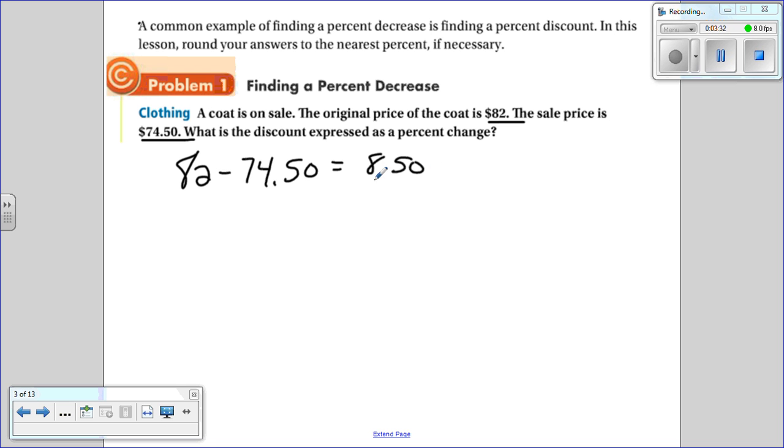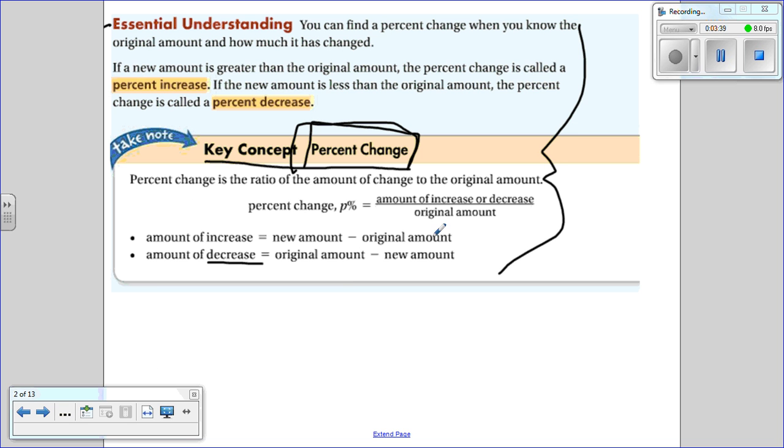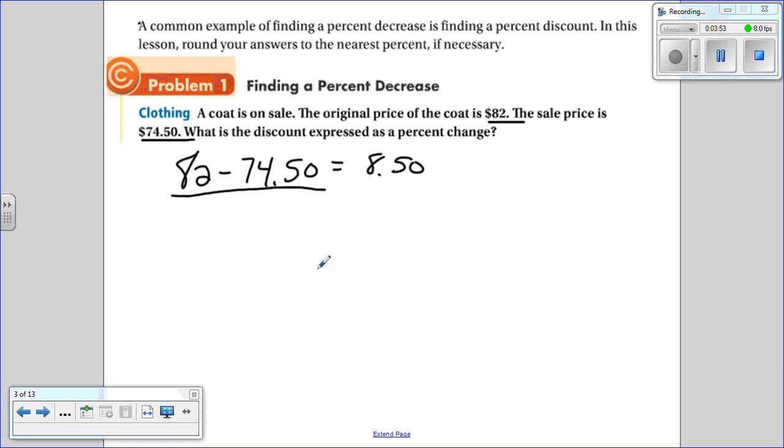Okay, so that's the amount that it went down. However, we are supposed to divide that by the original amount. Okay, so again, this part right here, amount increase or decrease, is one of these two. Since ours was decrease, we're going to put decrease divided by the original amount.